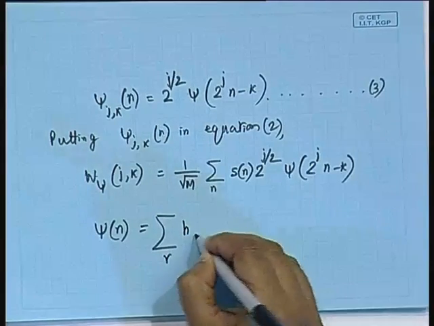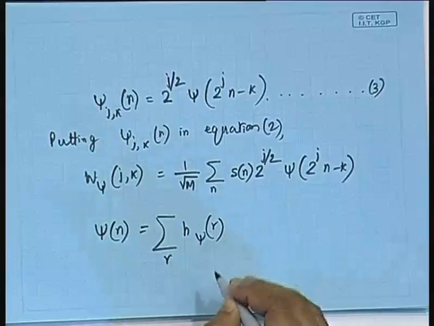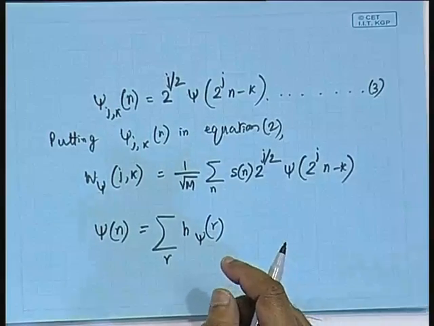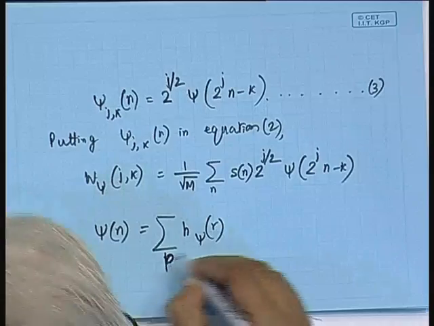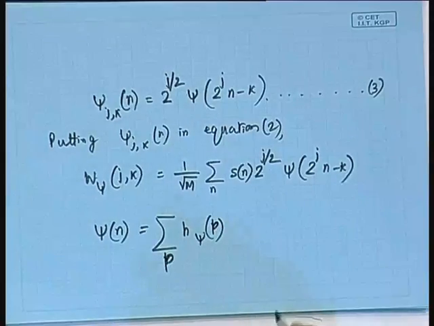So, summation over r of h psi of r. Again do not confuse, earlier I was using r for the scaling term. Now the scaling term is j, shift parameter is k, but in this case I am writing k as r. If you are confused, popular demand is to have it as p, so let me write it as p.